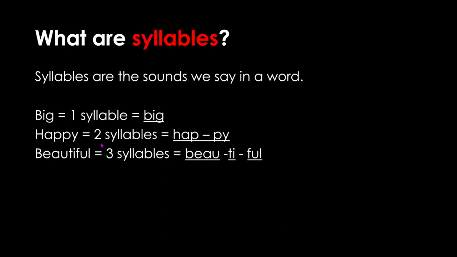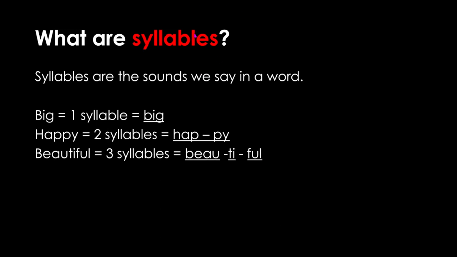Happy has two syllables, and this word splits into two. Hap-py, hap-py, two syllables. Beautiful has three syllables. Beautiful, three parts of the word, three parts that we pronounce.